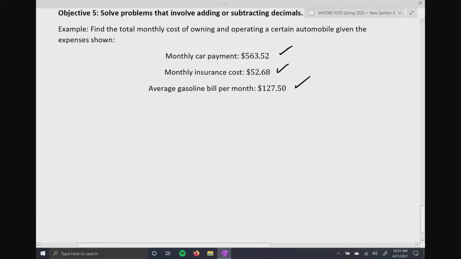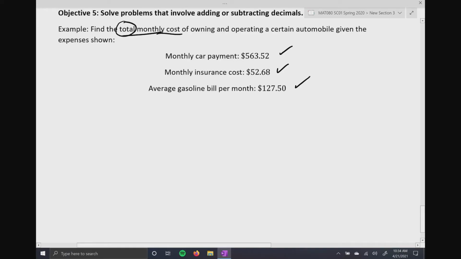You still have to pay for insurance, and you still have to put gas in it. So even though you may have, let's say, a $300 car payment, your cost is actually probably going to be around $500-$600 because you have insurance and gas to worry about as well. On top of that, you hope the car doesn't break down or need tires or something, because that's even more money. But for now, we're just going to find a total monthly cost.